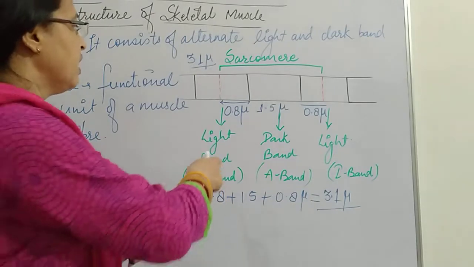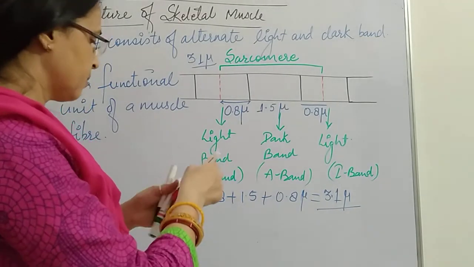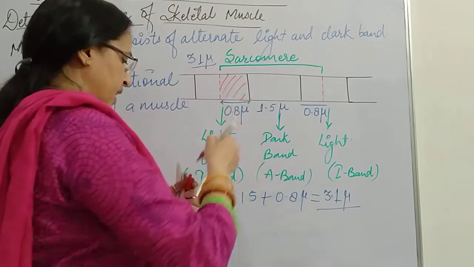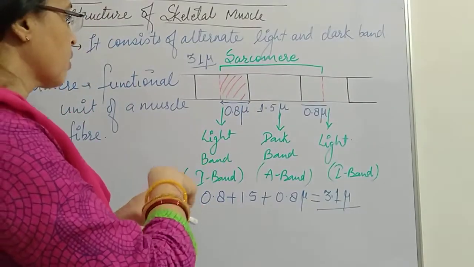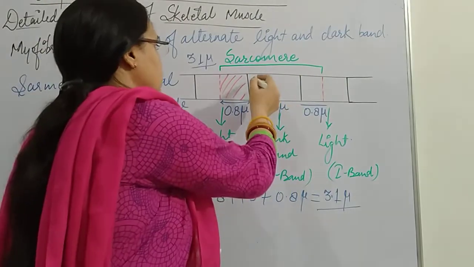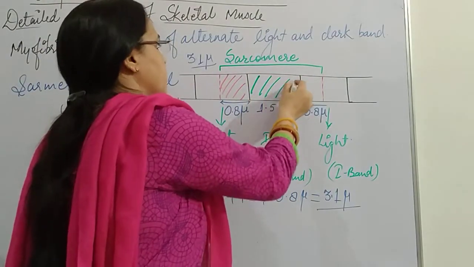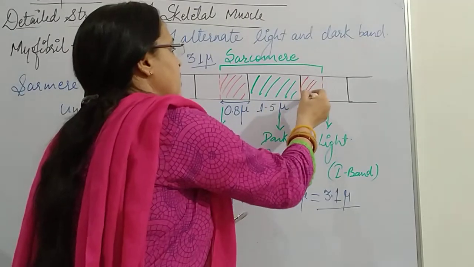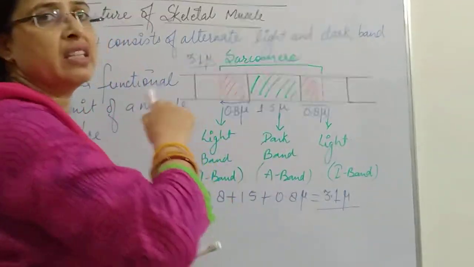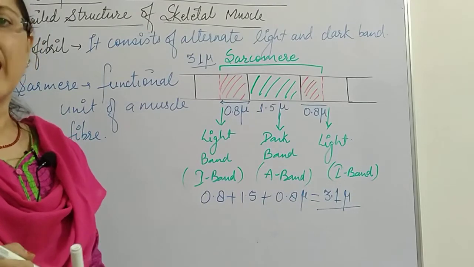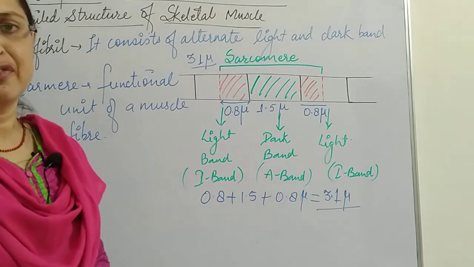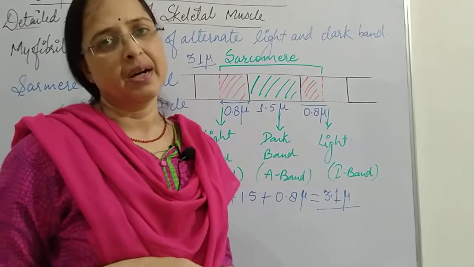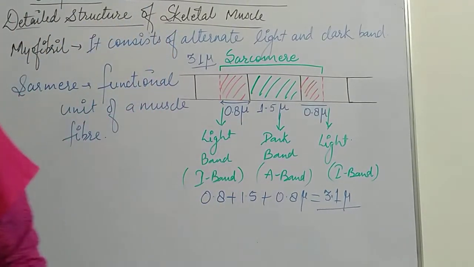Half of the light band, if I shade it with this red color, then this complete dark band, and again half light band. This forms one sarcomere, or one unit of muscle fiber, which is responsible for contraction of muscles. Just have a look at it.